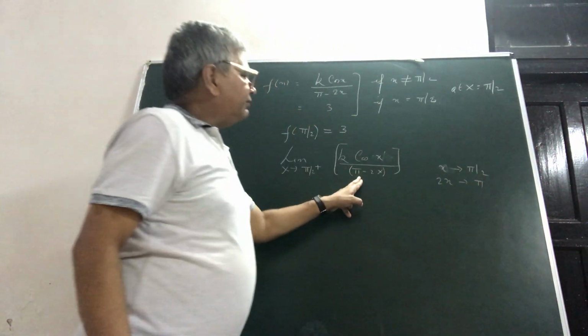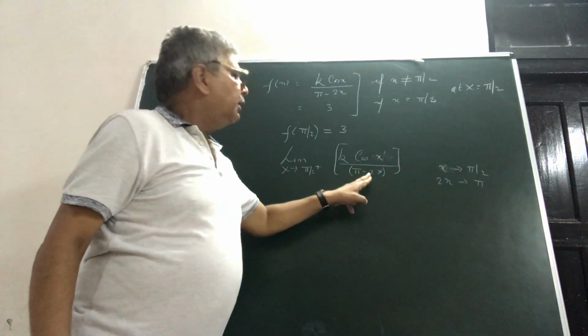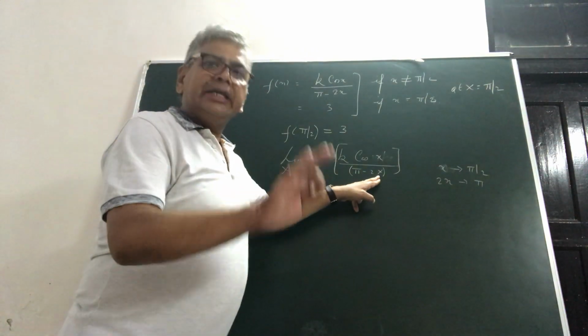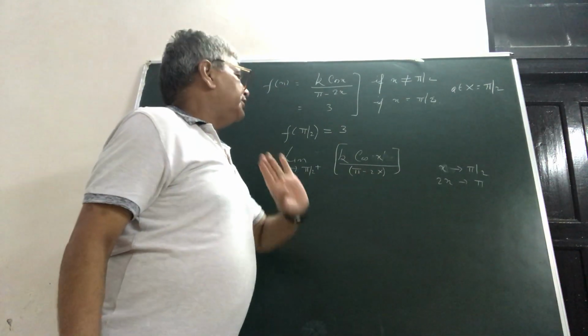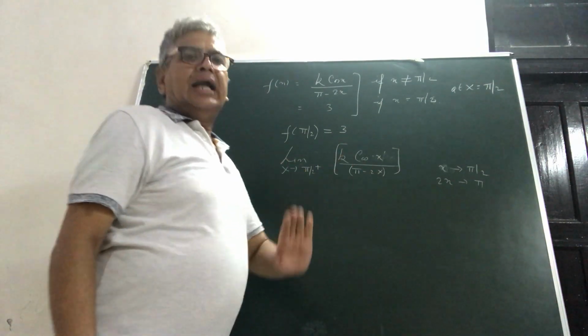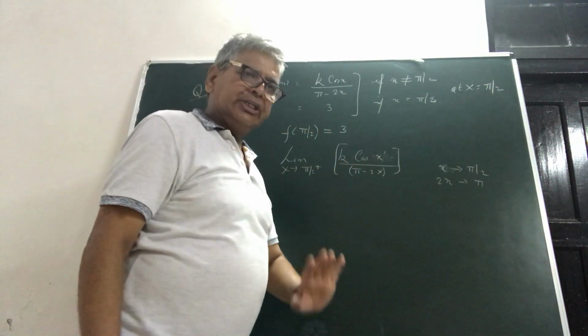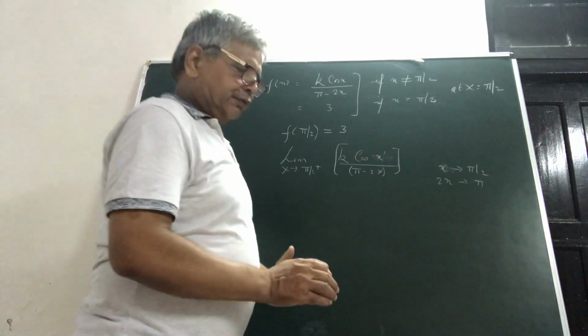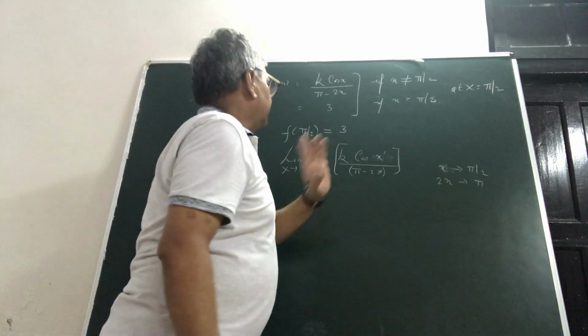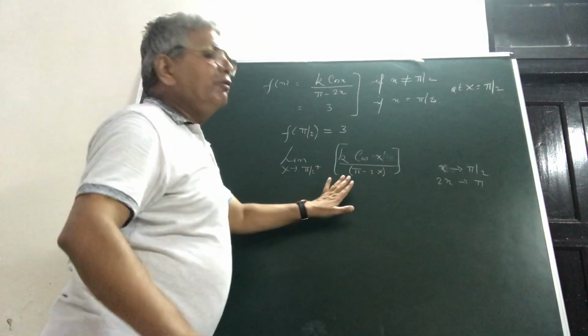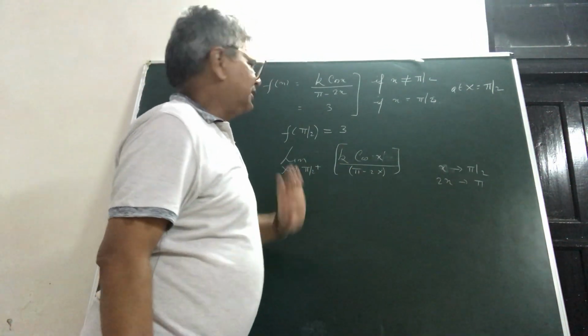So this will never be equal to 0, because 2x is not equal to pi, it is only approaching pi. So it will never be 0. So the function is well defined, both numerator and denominator are continuous functions. As such, this whole function, by the quotient rule, will be a continuous function, and as such we will be justified in putting in the limits therein.